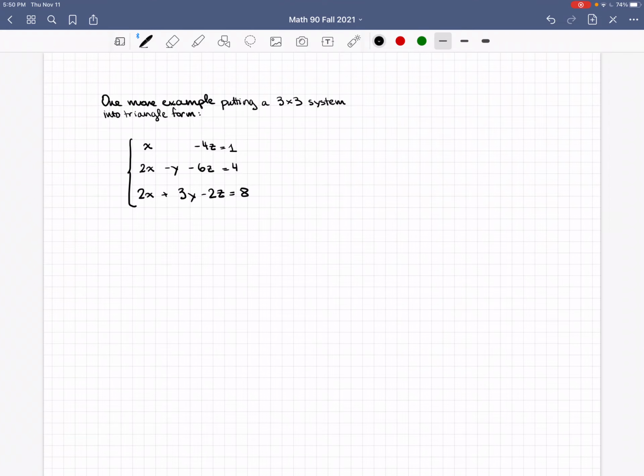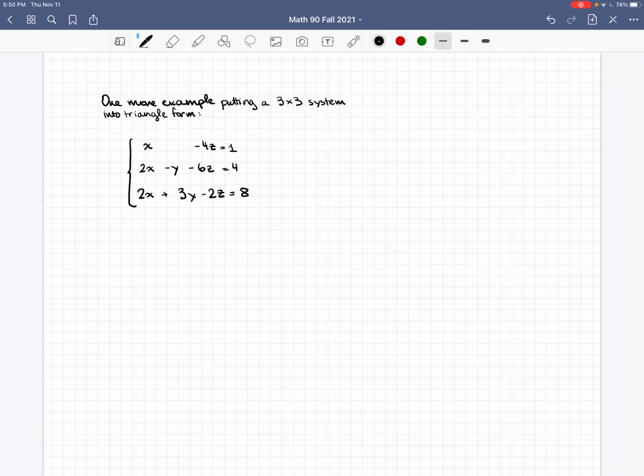In this video, we're going to look at one more example of putting a 3x3 system into triangle form. A really important thing to notice about the process is you know what your goal is, but you don't necessarily follow the same exact steps for every single system.